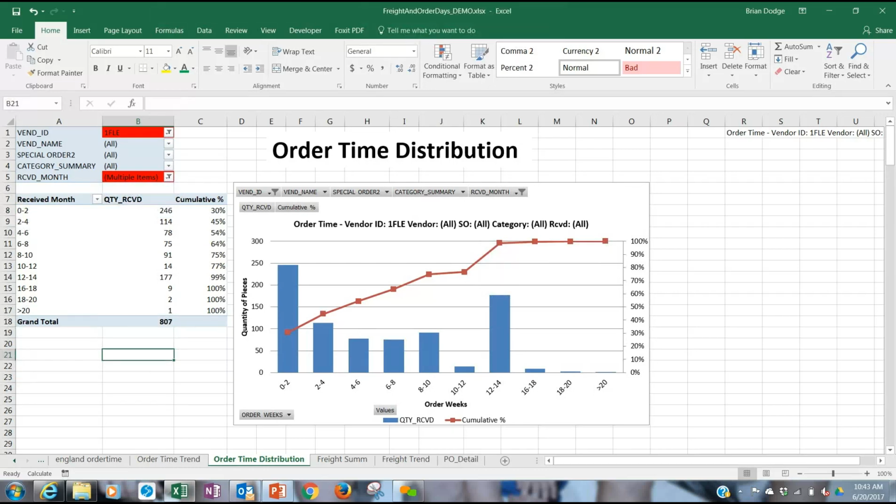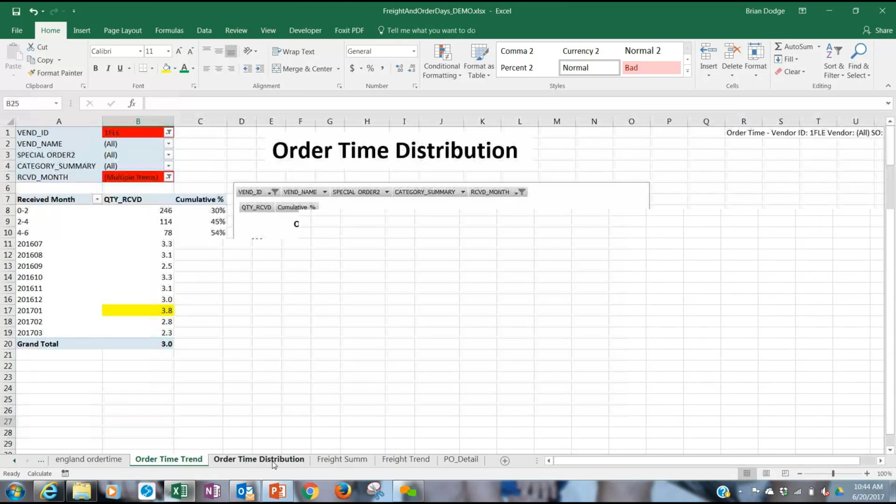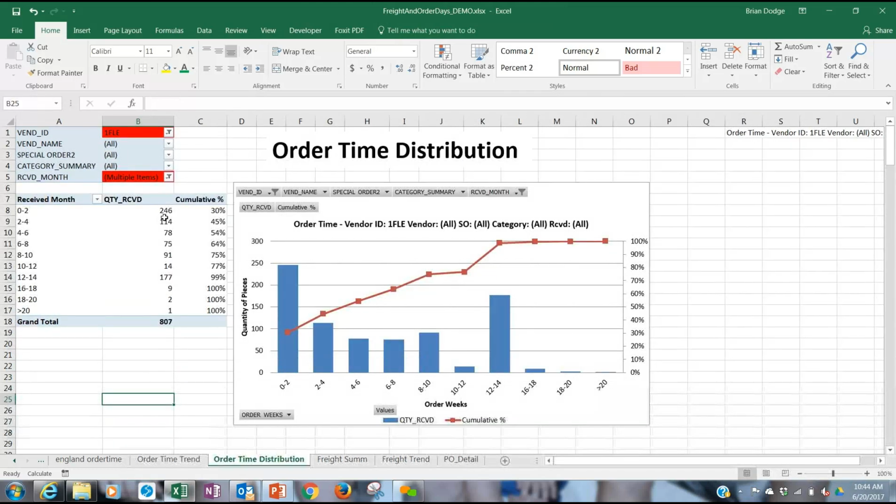Again, keep in mind that this goes back a full year. So that's the order time information: you have overall trend information, and then a distribution based on total number of pieces and when they come in.